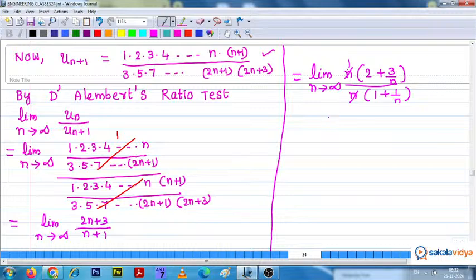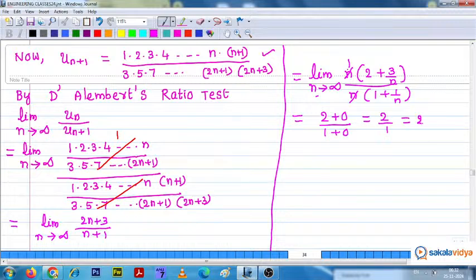Let us apply the limit. As n approaches infinity, 3 by n approaches 0. In the similar manner, as n approaches infinity, 1 by n approaches 0. So, what do we get? 2 plus 0 upon 1 plus 0. So, we get 2 upon 1, that is 2.